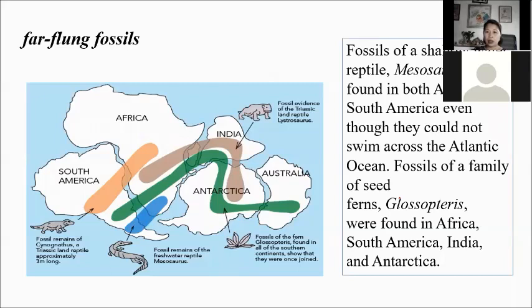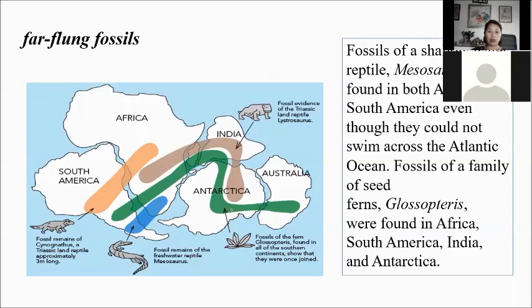Another, itong fossil of family of seed ferns, Glossopteris, were found in Africa, South America, India, and Antarctica. Glossopteris. Ito, no? A fern. Fossil of the fern, Glossopteris, found in all of the southern continents, show that they were once joined.